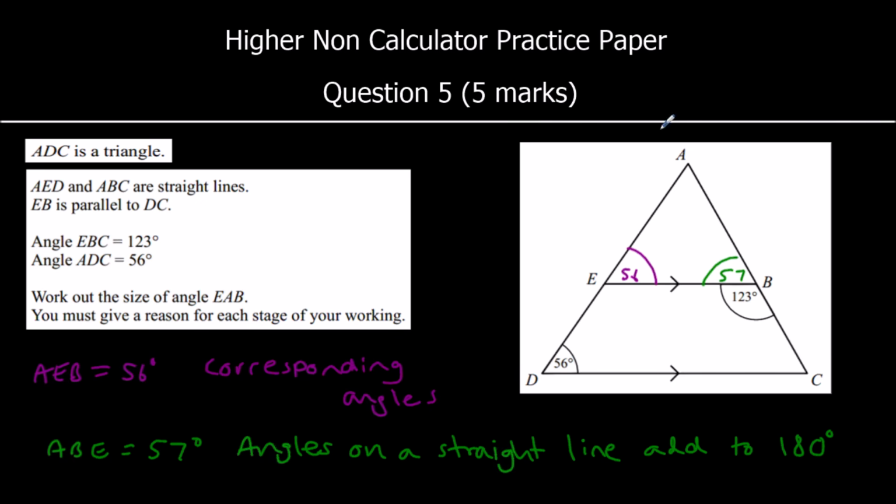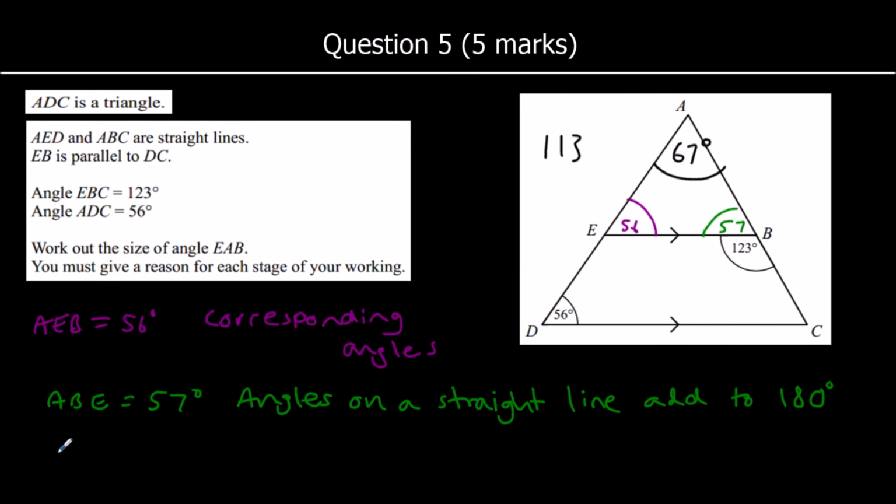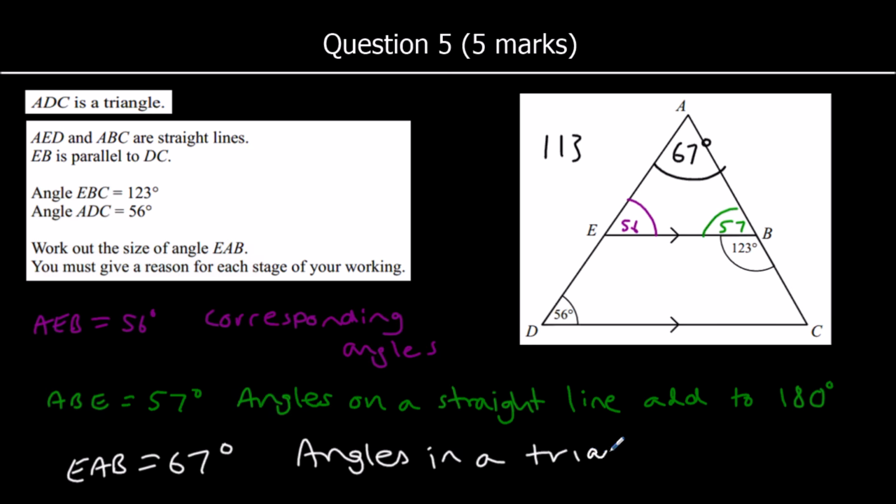And then we've got angles in a triangle, which add up to 180. 56 and 57 make 113. How many more to get to 180? Add 60 to get to 173, and then 7 more, so 67 degrees. So EAB is 67 degrees because they are angles in a triangle.